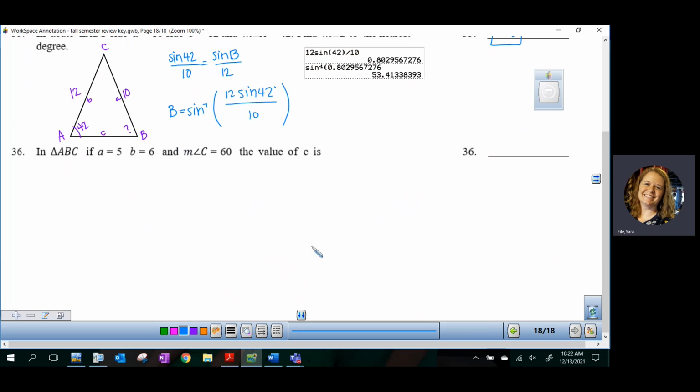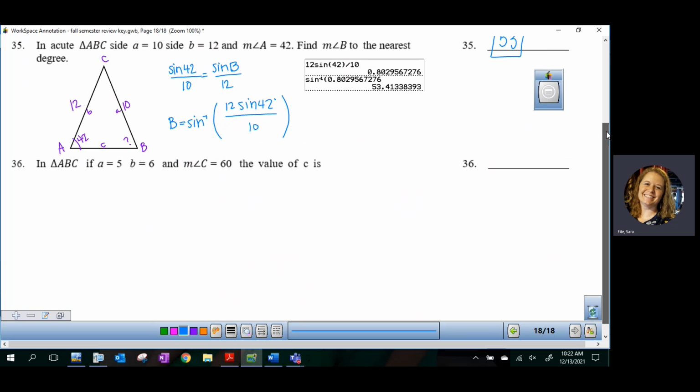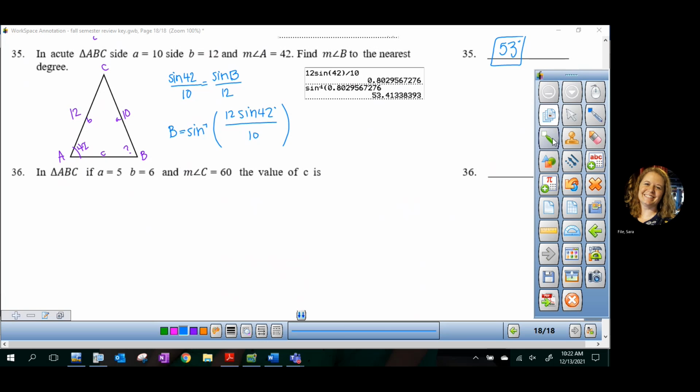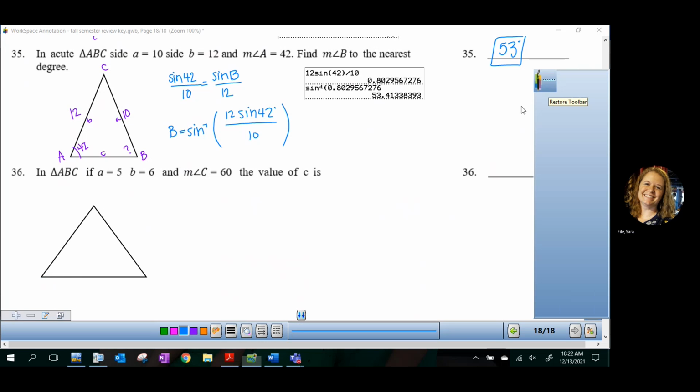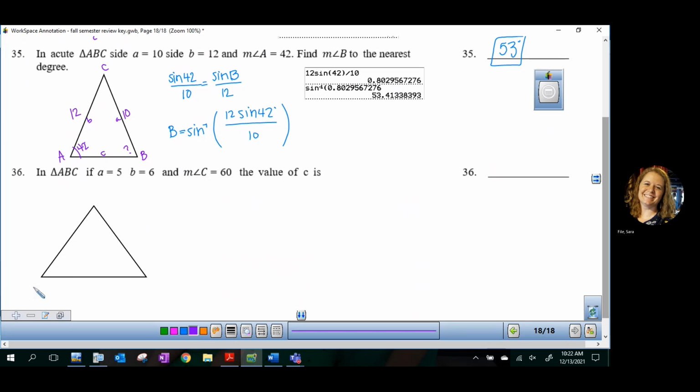All right. Now in this one, let's label what's given. All right, so side A is 5, side B is 6, and angle C is 60.